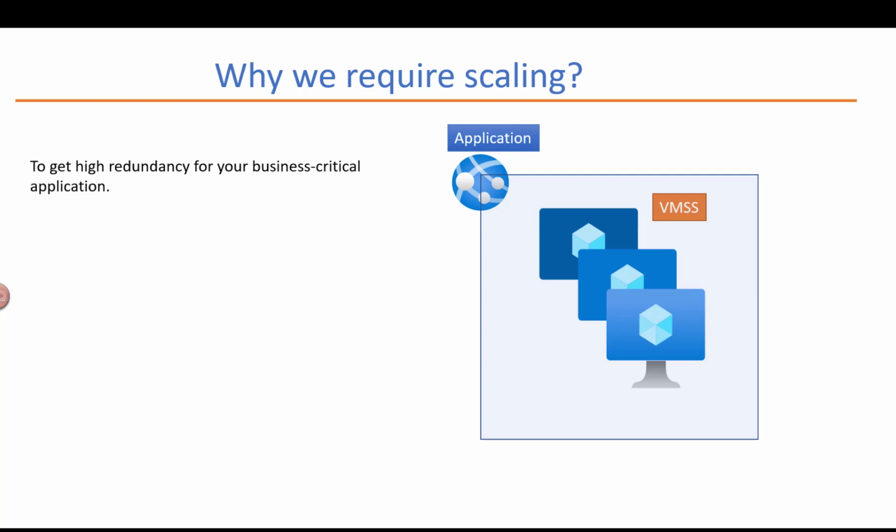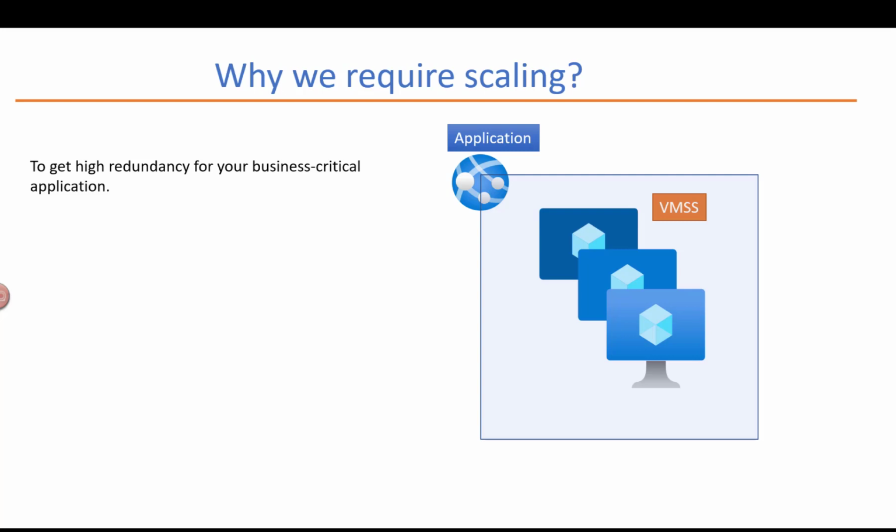Consider that we have one business critical application, and to get high redundancy for this application, we will always prefer to deploy it in a VMSS, so that we can scale out the application whenever required, and once the requirement is fulfilled after that period, we can scale in the application to the default configuration, so that we get better application performance without any downtime. So here we will discuss two scenarios.